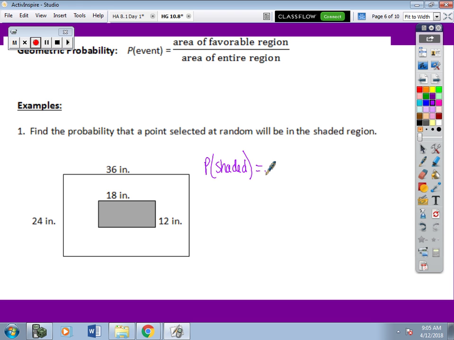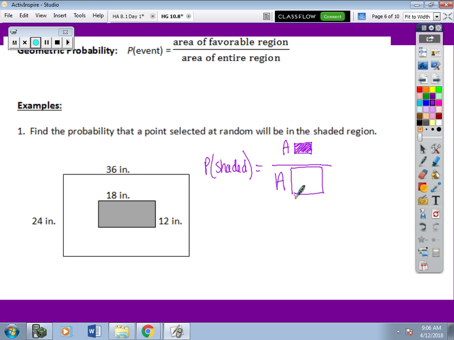So the probability of the shaded region would be to find the area of the shaded rectangle and divide by the area of the big rectangle. So you have to know all your area formulas to do these. Sometimes you'll have hexagons, circles, decagons, triangles.